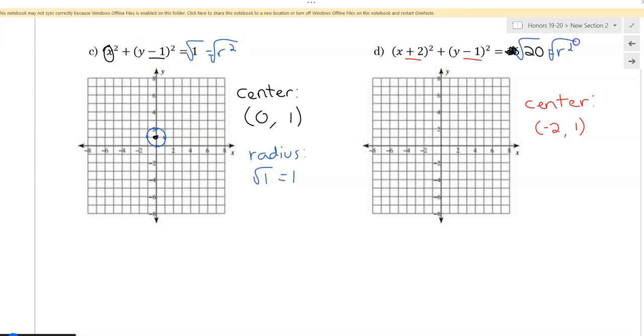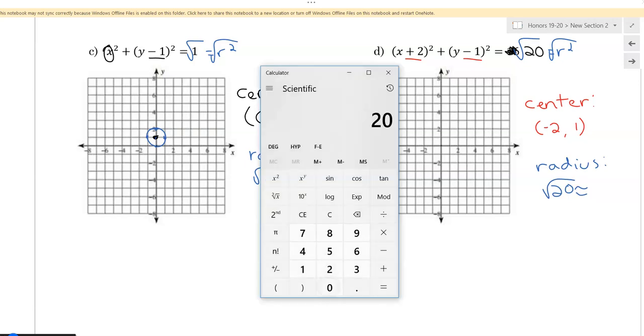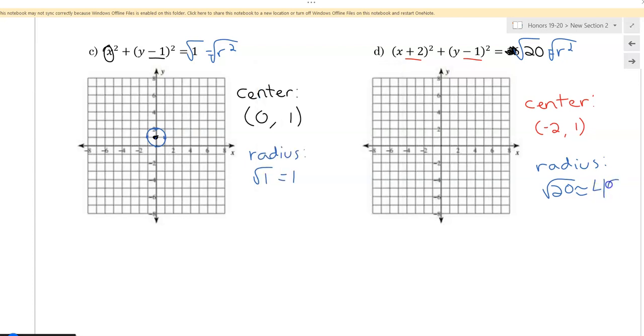So I'm going to take the square root. Well, I don't know what the square root of 20 is. So when we want to graph it, we're gonna approximate. So I take the square root of 20, I'm gonna call this 4.5.